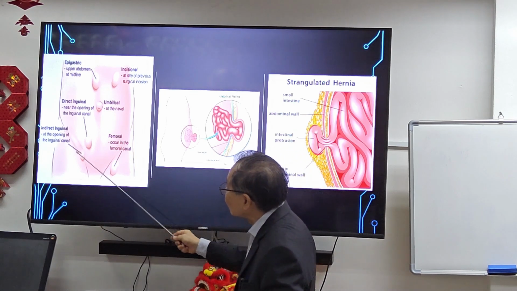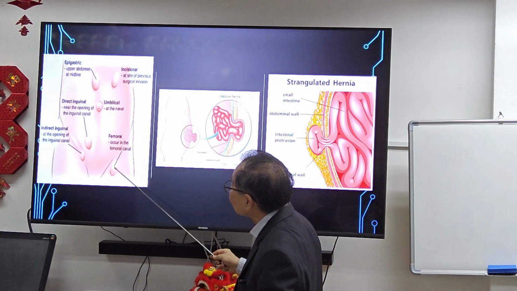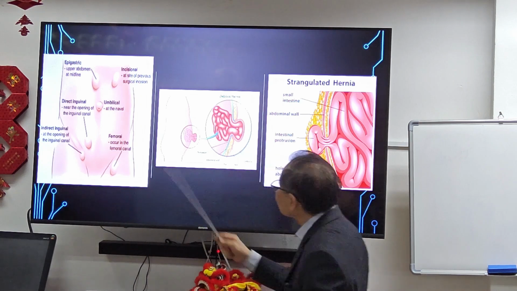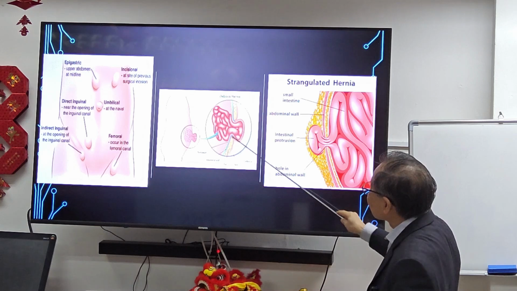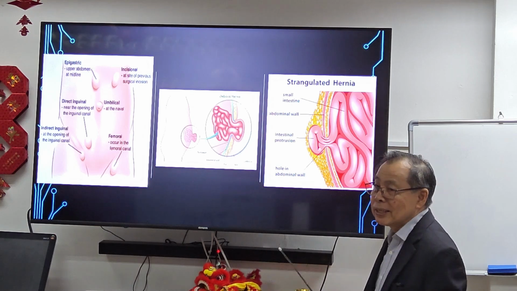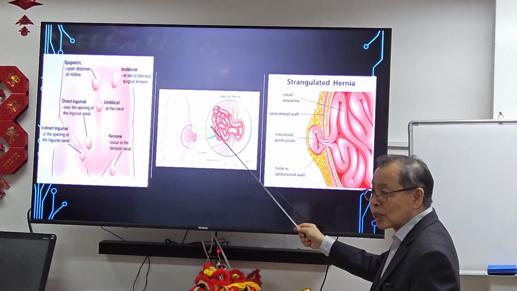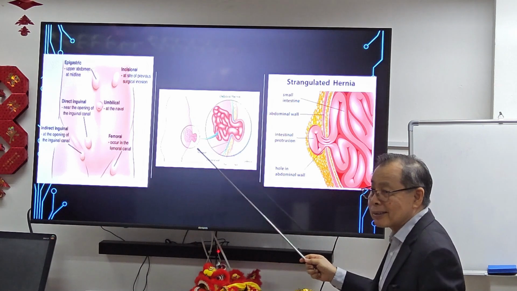Inguinal, above this inguinal line, okay, and femoral, below the inguinal line. So these are the locations, and that's what happened. A weakness in the wall, intestine got pushed up. So sometimes the pain is here, inside. So that's why they don't connect that with the lump they feel on their body.